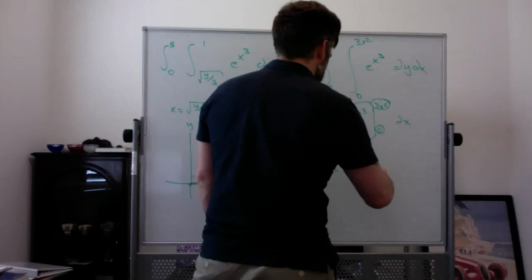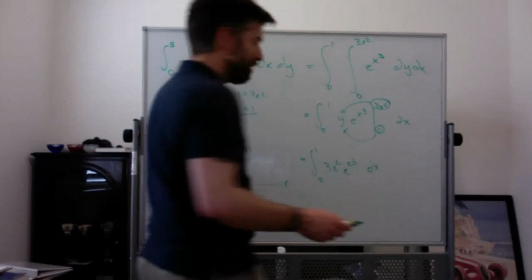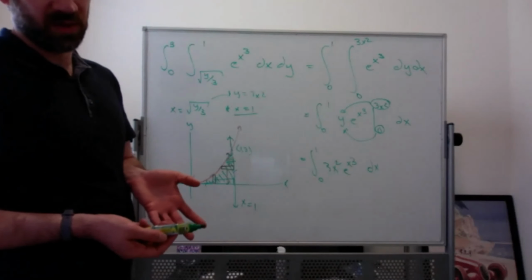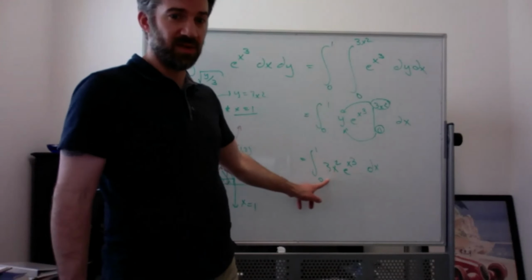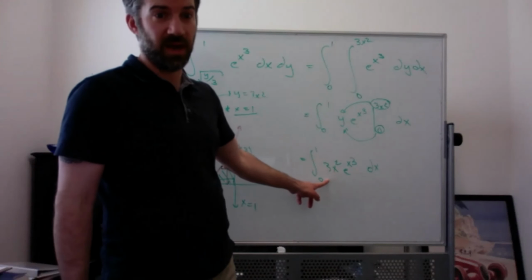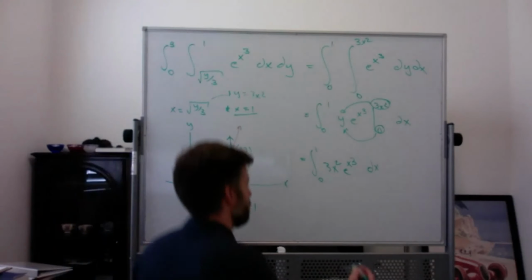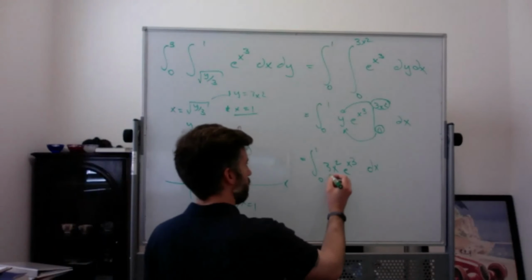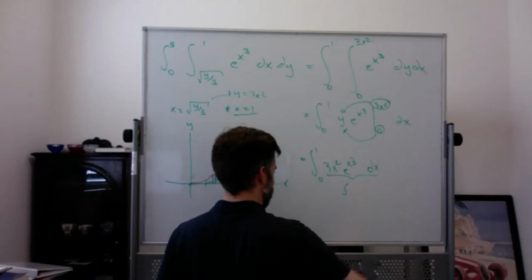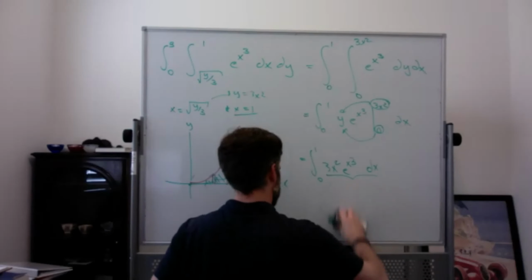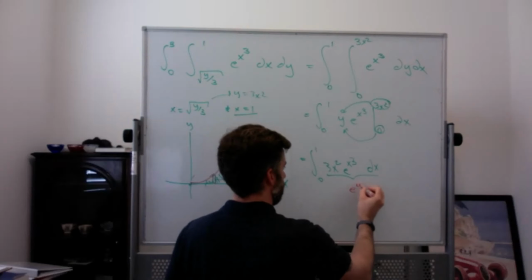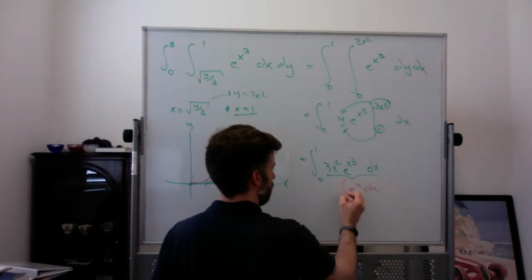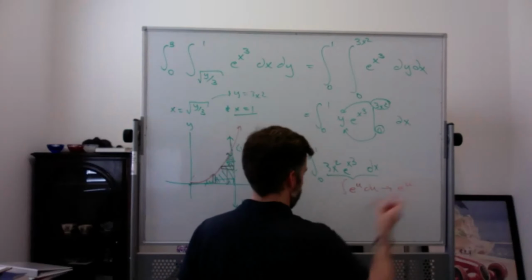And hopefully you guys can see, you can probably do this without even doing the u substitution. U is equal to x cubed, du is exactly 3x squared dx. So this really is my e to the u du, whose integral is just e to the u.